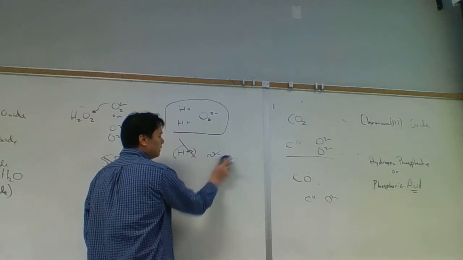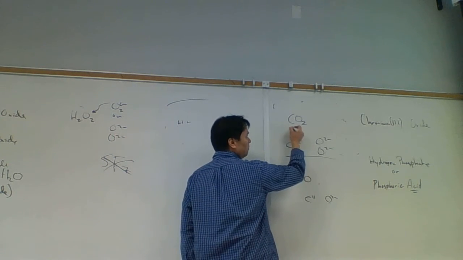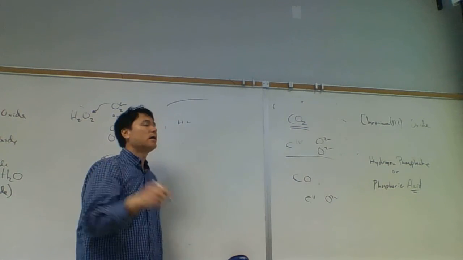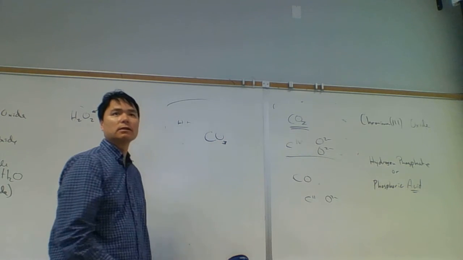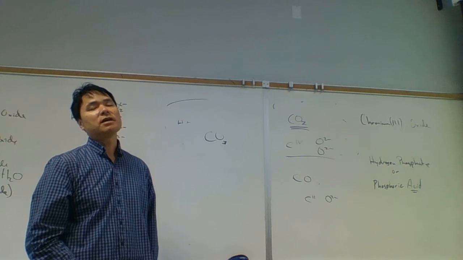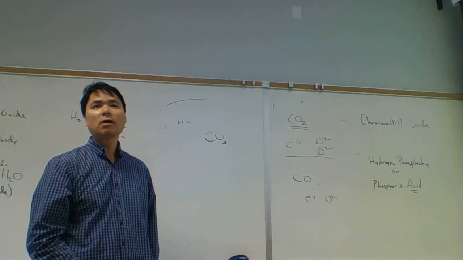And I told you complete combustion. If we have complete combustion, it forms CO2. How about, would complete combustion form CO3? I say for sure not. CO3 doesn't exist. Why?